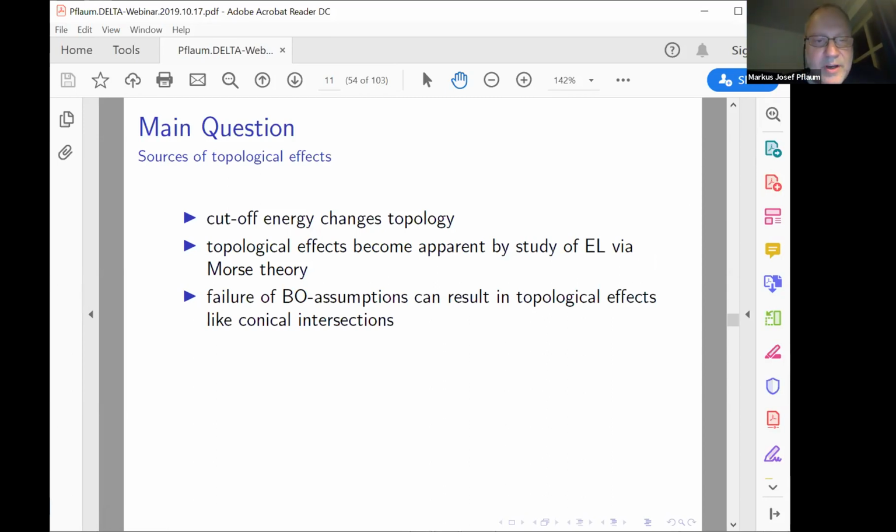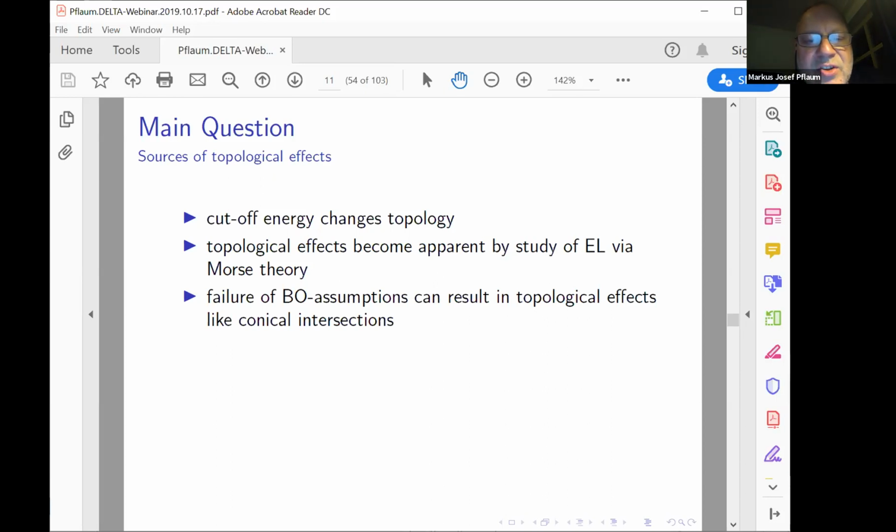What the point is, if you look at the lowest energy eigenstate and then at the second one, I mentioned that it's assumed to be gapped. But if you do not have a gap and these two surfaces touch, then they can touch in a conical intersection. So it looks like a cone when these two touch.